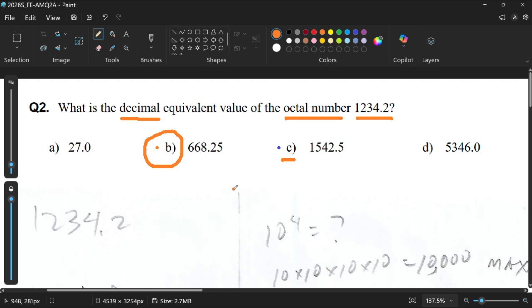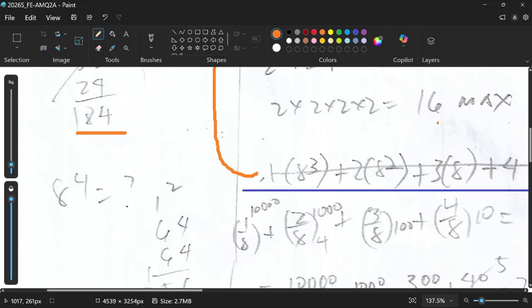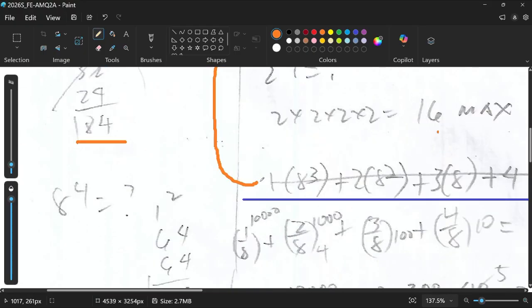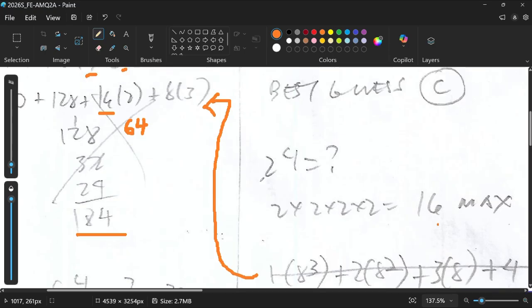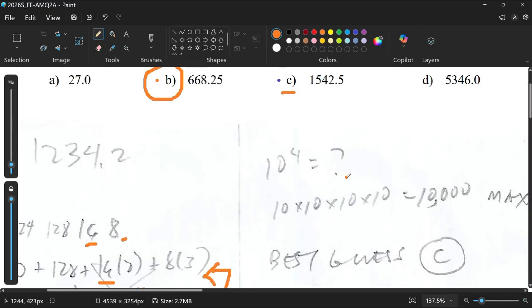Now, the next thing that I thought of was, okay, maybe we could find the more or less right answer, even though we don't get to compute the exact number. And I went with doing something like, okay, so if this were in decimal, then decimal numbers would have tens, right?